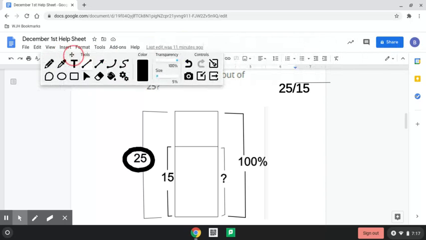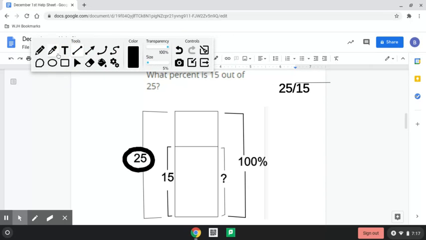So what we're going to do is add a decimal point and some zeros. And then remember to put a decimal point on the top. When you do this, now how many times does 25 go into 150? Well, we are in luck.